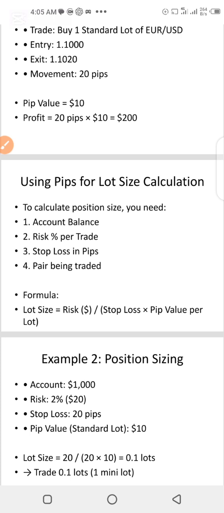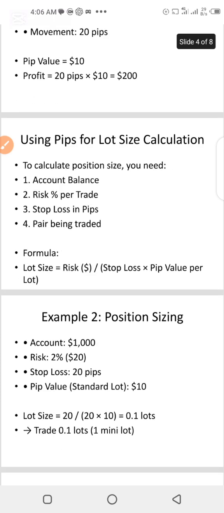To calculate position size, you need: one, account balance; two, risk per trade; three, stop loss in pips; and four, the pair being traded. So using pips for your lot size, you have to get these four things in check.